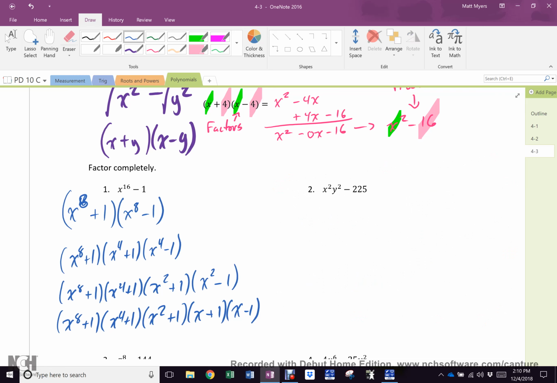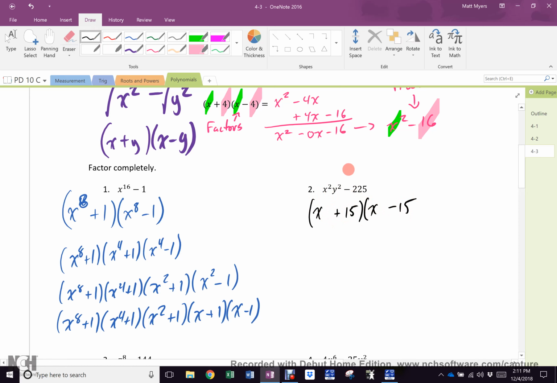Okay. Now, does number 2 look different? Yes. Does number 2 look similar? How could I alter number 2 so it would be something you could easily see? If that was gone, would you know what to do? What would it be? You divide by x plus 15, because you've all memorized the square roots like I asked you to do, and then x minus 15.